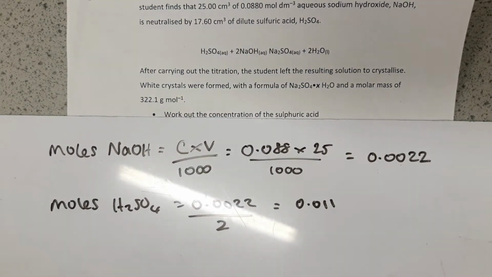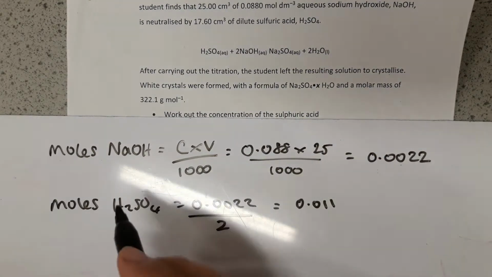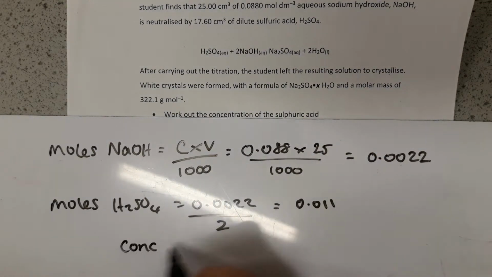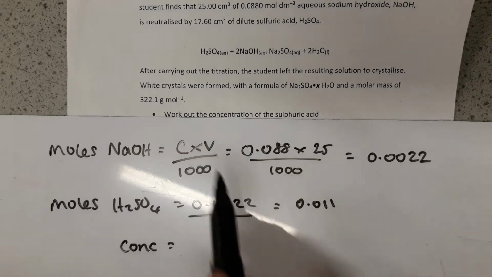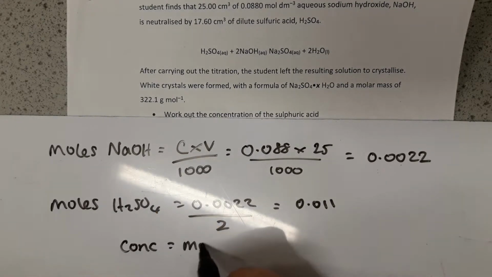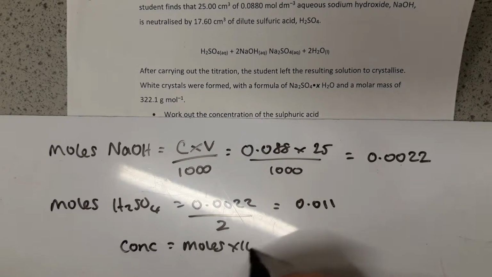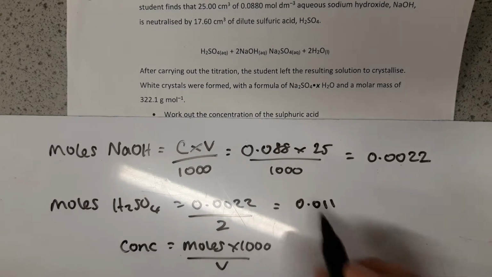I've got the volume here, so I can now work out its concentration by rearranging this formula. So if moles is C times V over 1,000, concentration will be the number of moles times 1,000 over volume.